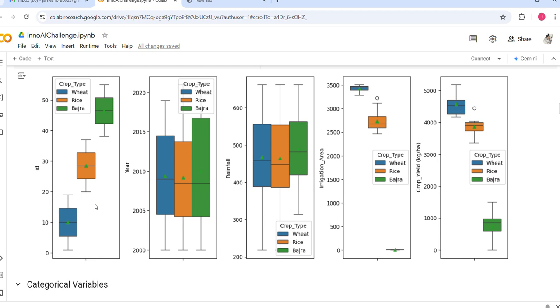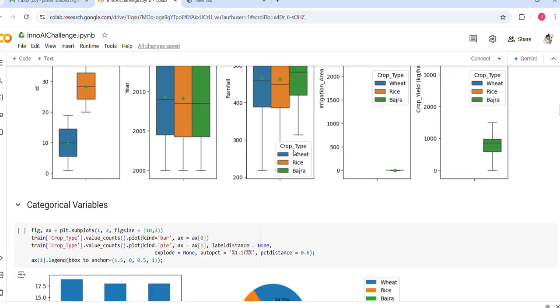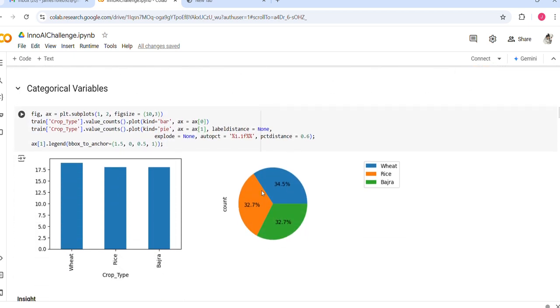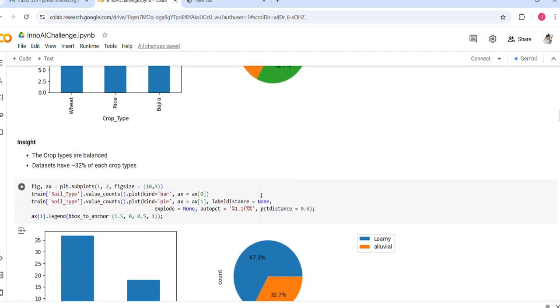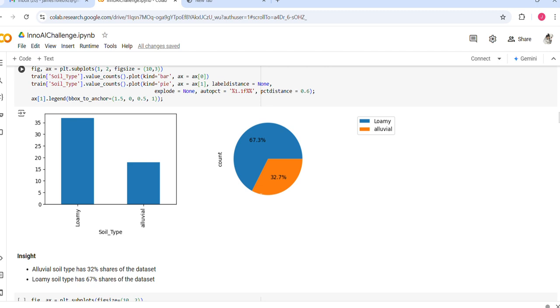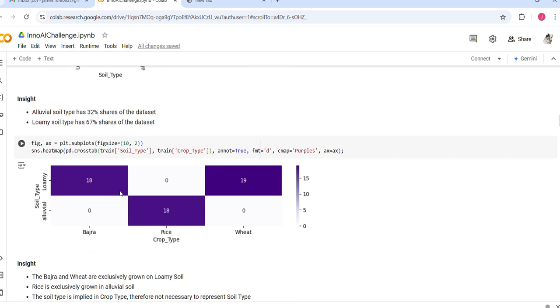And we can also separate them based on the crop type, which shows different patterns, and we can see the categorical variable, the crop types, are also equally divided, so it's good for us. And we can also see some data on loamy and alluvial soils separated as well.